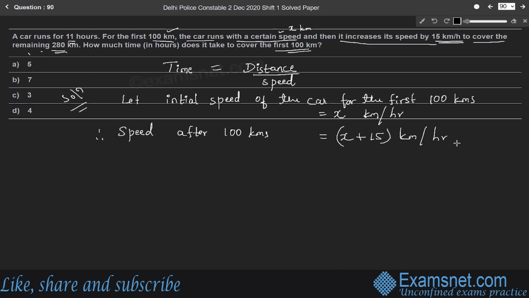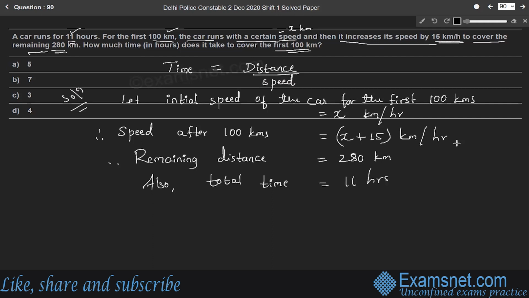So to cover the remaining distance of 280 kilometers, therefore, remaining distance is equal to 280 kilometers, which is given already, and the total time is given. Car runs for 11 hours, right? Also, total time is equal to 11 hours, right?